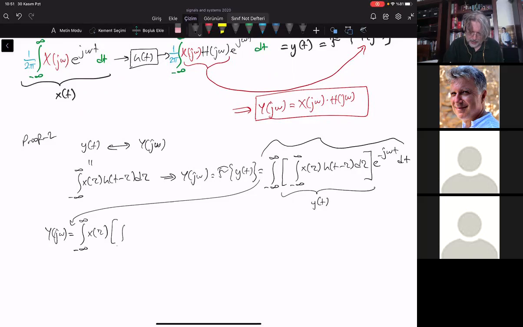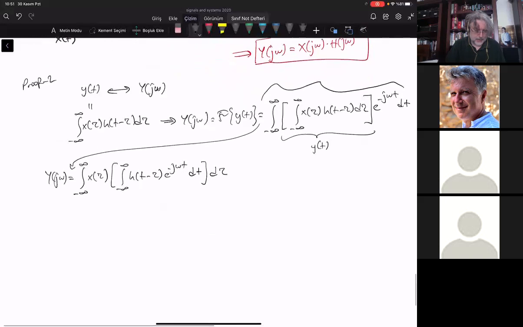So that is integral from minus infinity to plus infinity, h of t minus tau, and there is also e to the minus j omega t. So both of these terms have t inside them, so they must remain inside the integral of dt and then d tau. Since integration is a linear operator, I can interchange the orders of integration over t and over tau. And that's what I did.